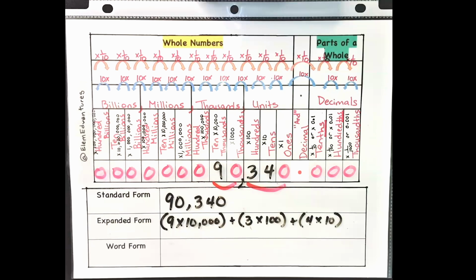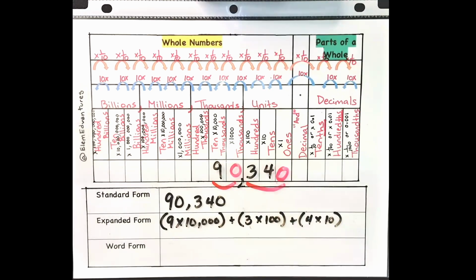However, these zeros don't have to be there. If I removed these zeros, my number is still 90,340. The zeros that I have to keep are the zeros in the thousands place and in the ones place, because if we remove those two zeros, the number would look like 934.